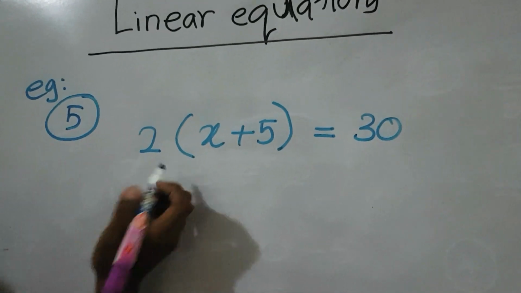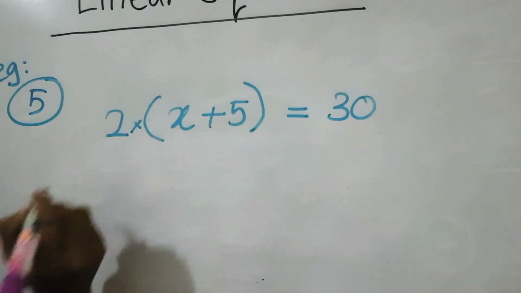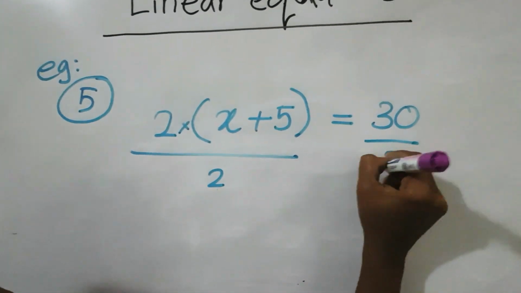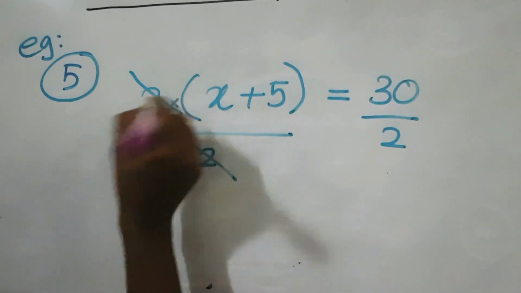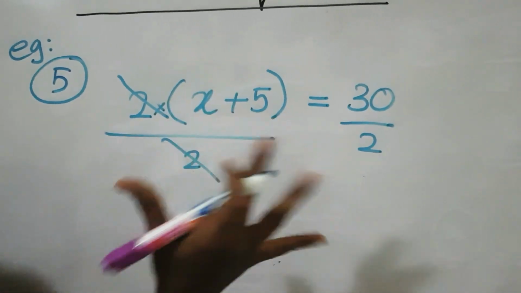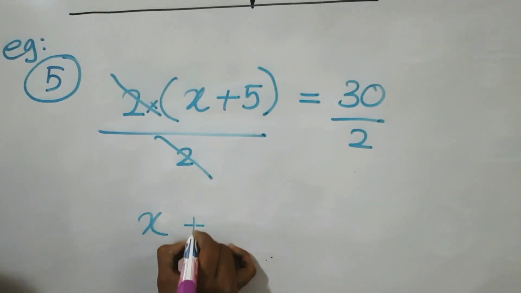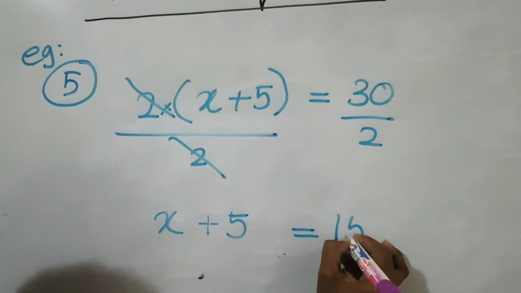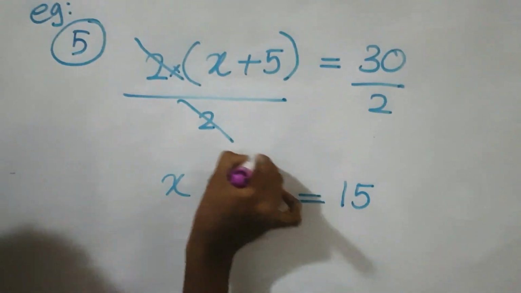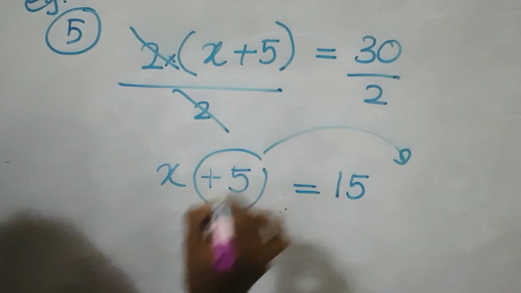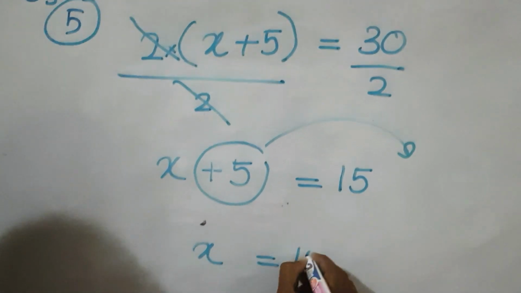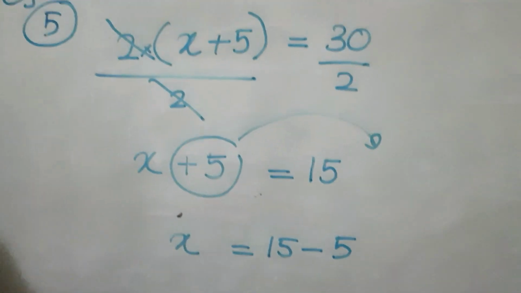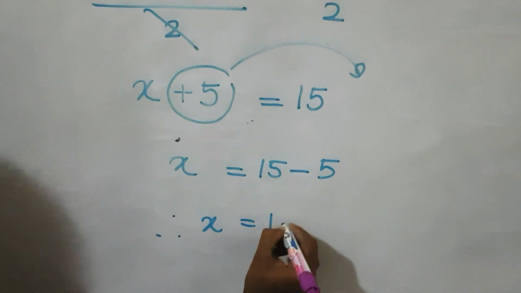If there are no signs at all, it's a multiplication. So we divide both sides by 2. Then this 2 and this 2 will get cancelled. Now the brackets will get opened up and it will be x plus 5 is equals to how much? 15. Now, like the normal way, x is equals to 15 minus 5. Therefore, x is equals to 10.